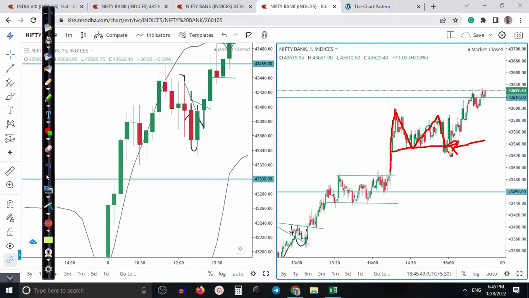We add some position and place SL below this level, and price hit this area. That was 1.5 SD, standard deviation. So it's purely mathematically calculated.